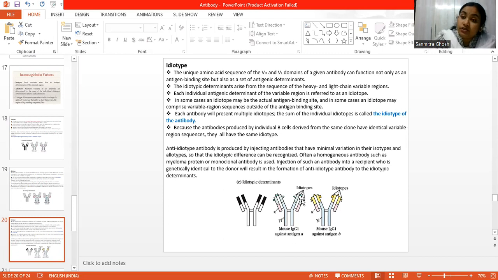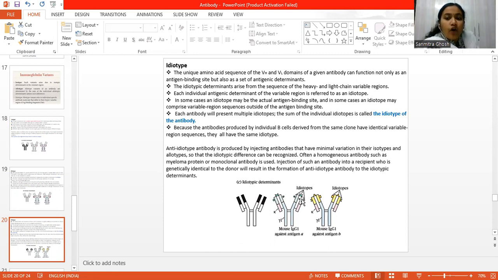Now, if we want to produce anti-idiotype antibodies, this can be done by injecting antibodies that have minimal variation in their isotype and allotype, so that the idiotypic difference becomes much more prominent than the isotypic or the allotypic variation.